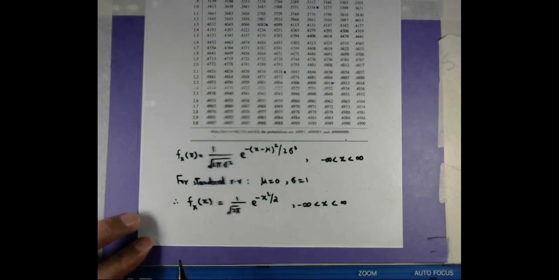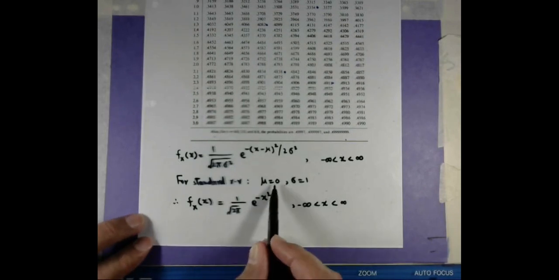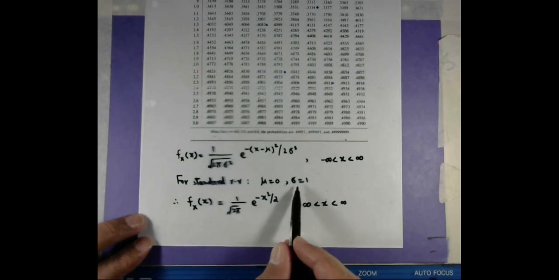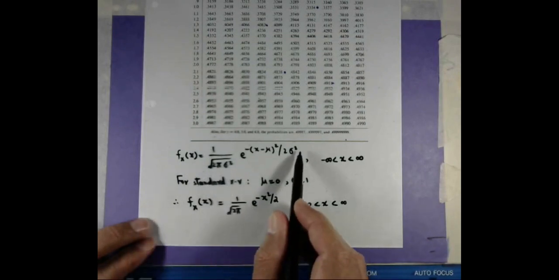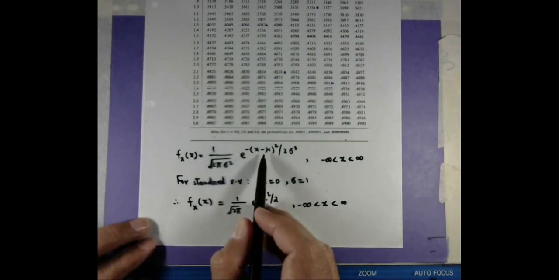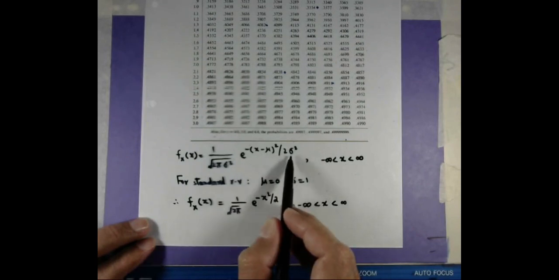If we standardize this, it means that you have brought its mean equal to 0 and sigma equal to 1, and you know how to standardize a random variable. I'll do an example later on to recall that concept. So if you want to standardize this distribution, you simply put mean equal to 0 and sigma equal to 1.